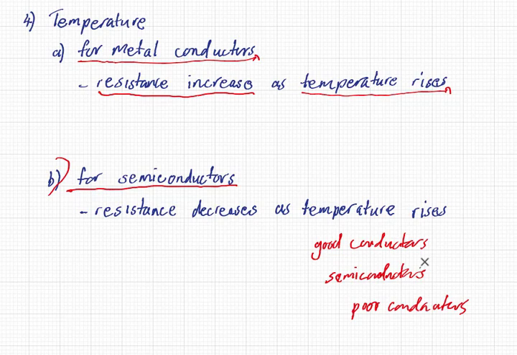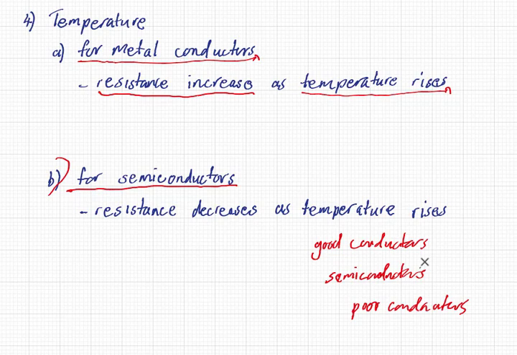To summarize, the factors affecting resistance: number one is length. As length increases, resistance also increases. Number two is thickness. The thicker the wire, the less resistance it has. The thinner the wire, the more resistance it has. Then the material used.